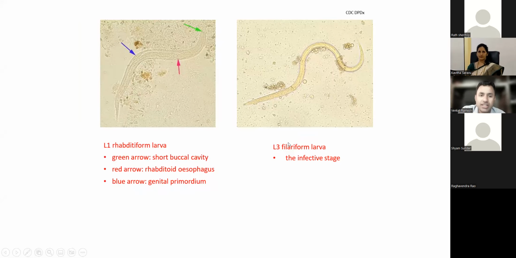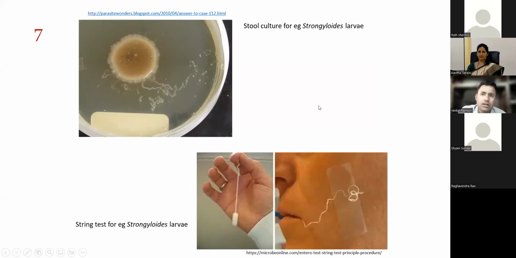This shows the differentiating points between the rhabditiform and filariform larvae of strongyloides. The filariform is the infective stage, and in the rhabditiform larva, you have a short buccal cavity, rhabditoid esophagus, and a genital primordium. For strongyloides larvae, multiple stool examinations are required for asymptomatic strongyloides detection, and you can culture it on an E. coli lawn.